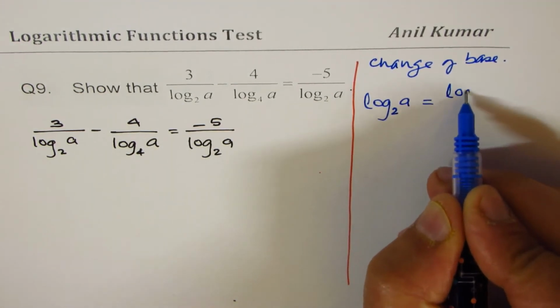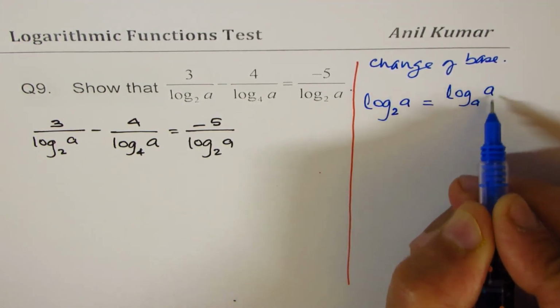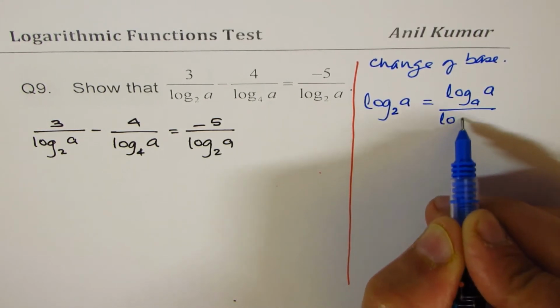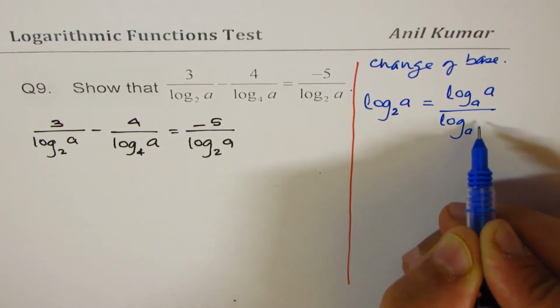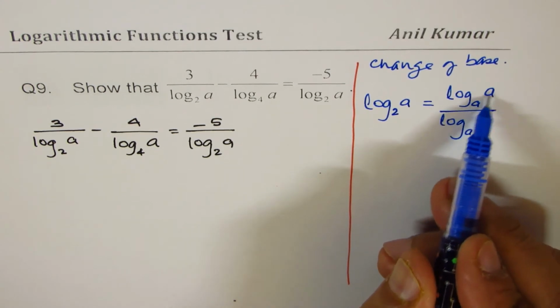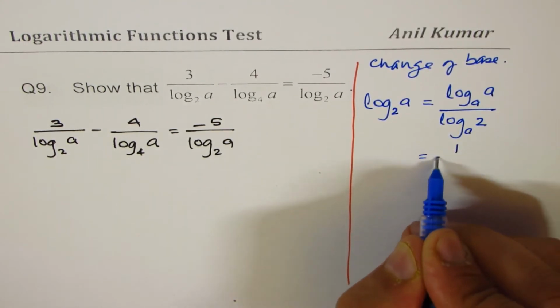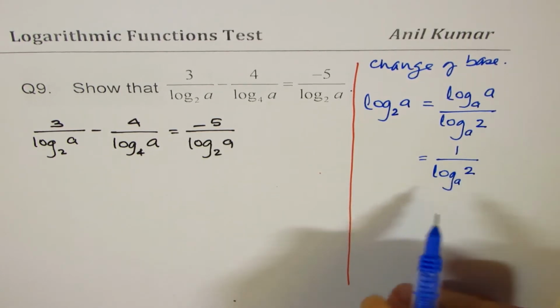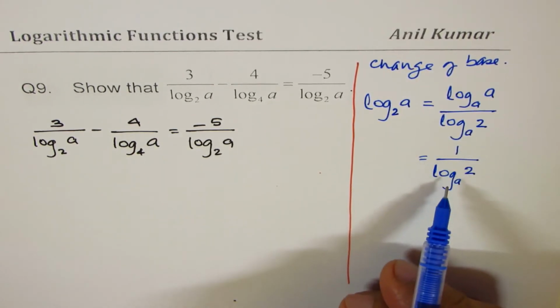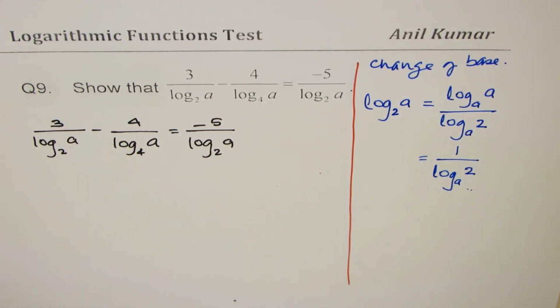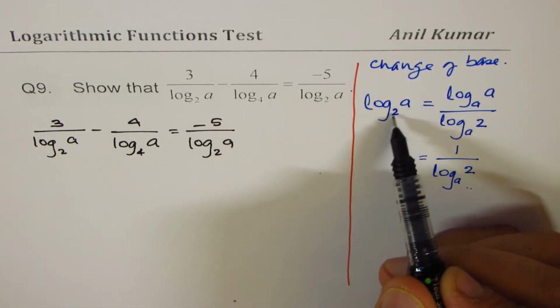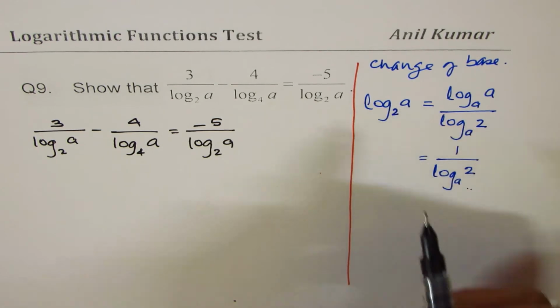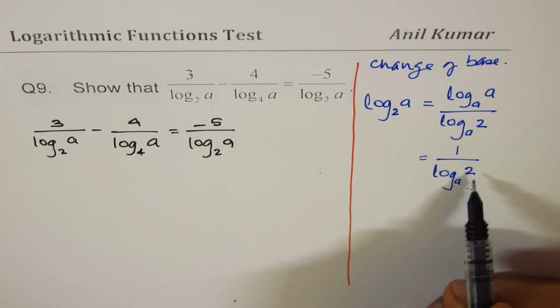I could write this as log to the base a of a divided by log to the base a of 2. Now log a of a is 1, so I could write this as 1 over log to the base a of 2. So it becomes a reciprocal of logarithm. So when you swap base and the argument, you could write this as 1 over.